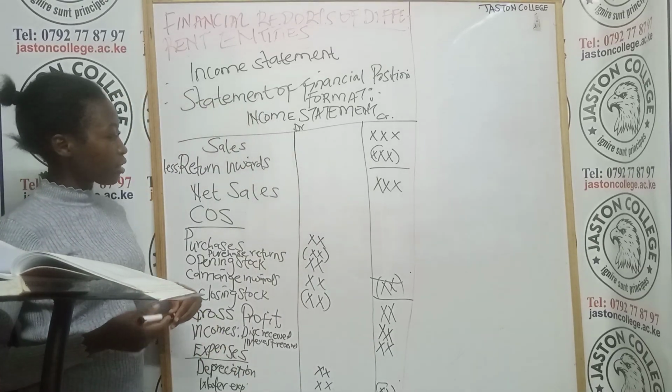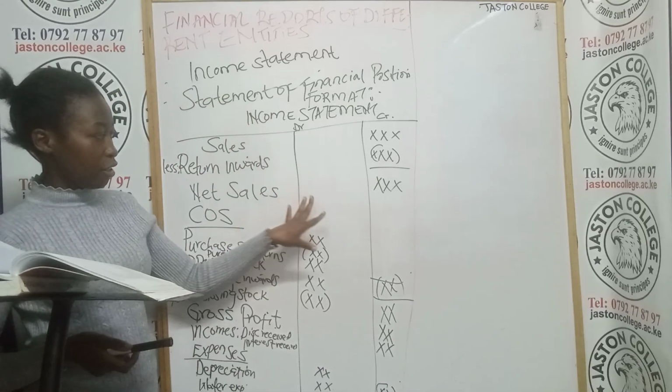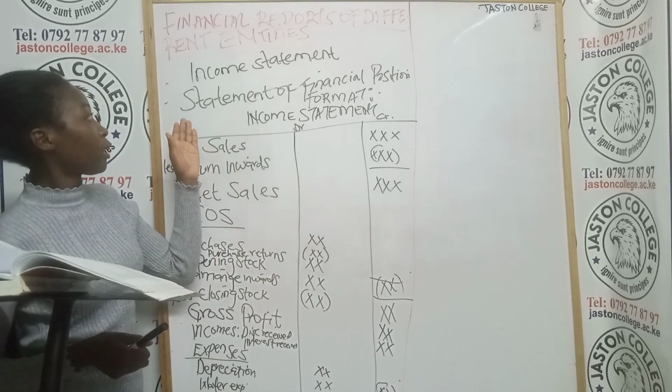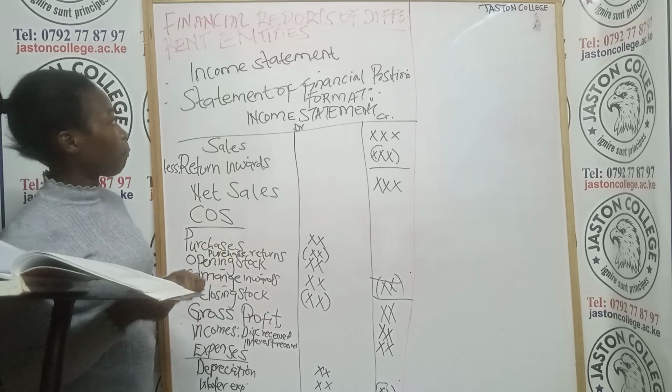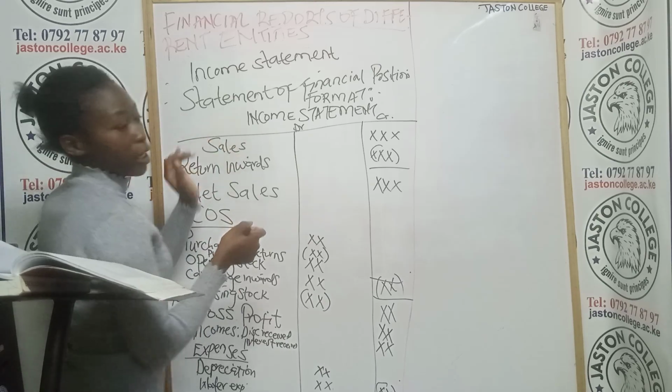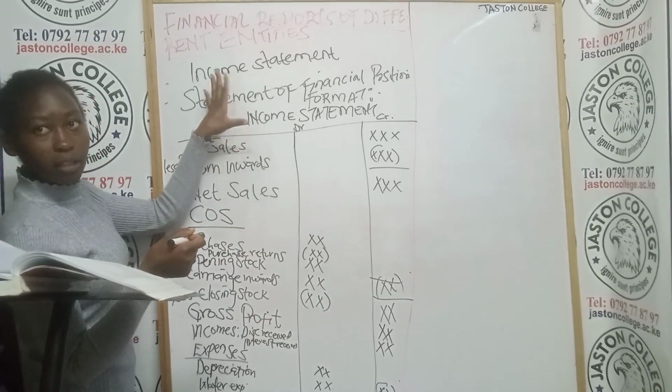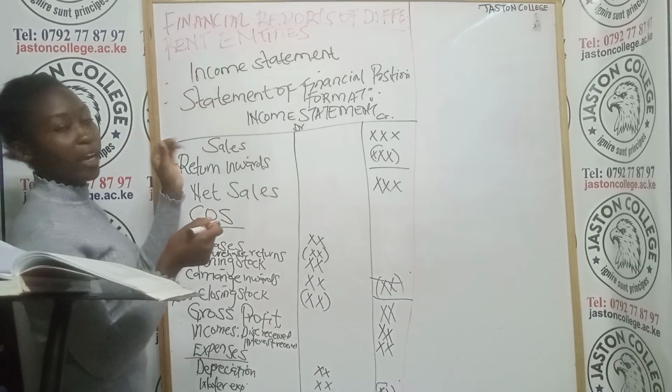So this is just the format of an income statement of a sole trader. And don't forget to put in the details, the heading over here.